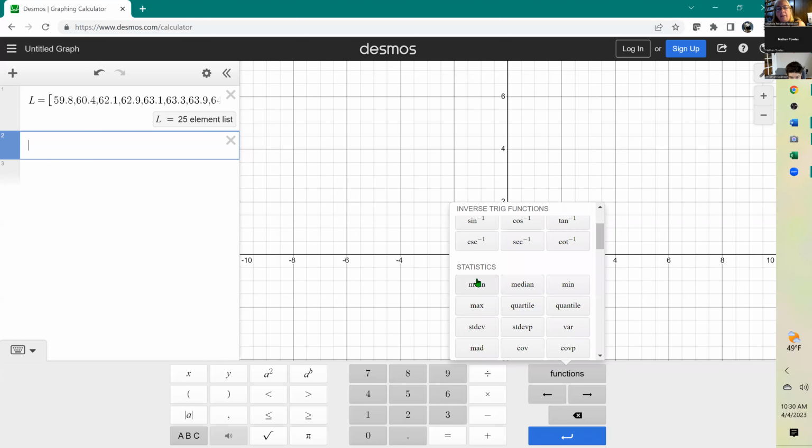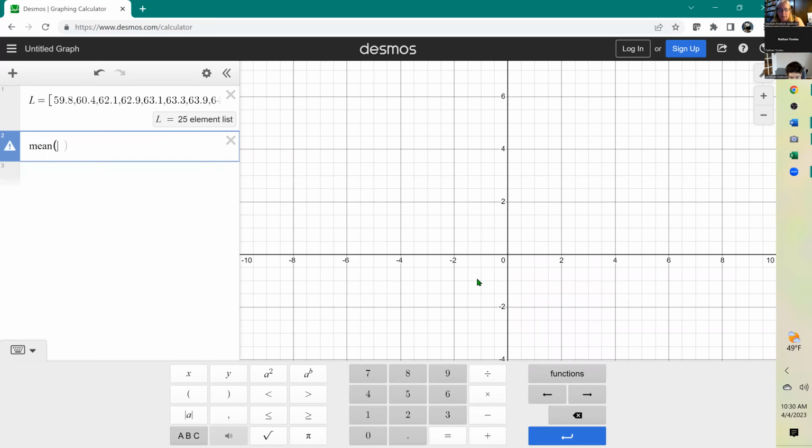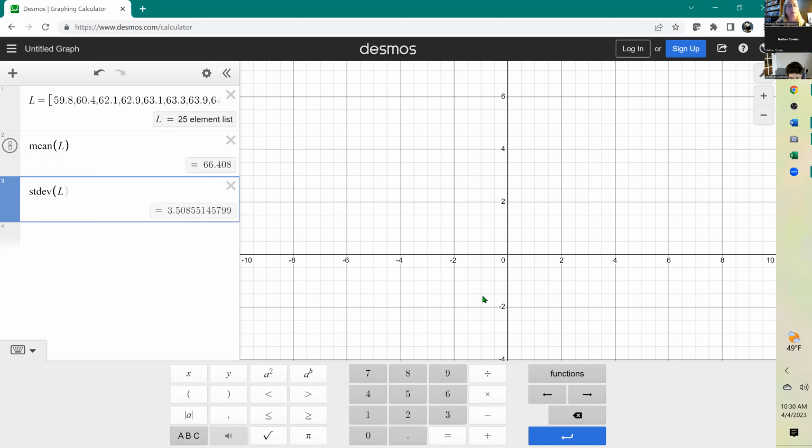So let's find the mean. Mean, and then put your capital L, and there's your mean, 66.408, which is exactly what we got. Now, standard deviation, that was an estimate. So I'm not sure how close it'll be, but you do want the standard deviation of the sample. And we had gotten 4.4.